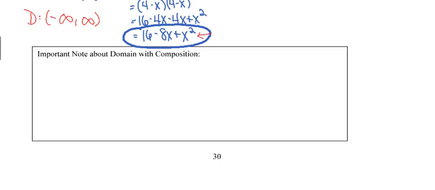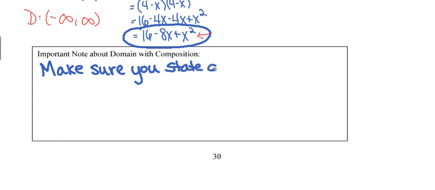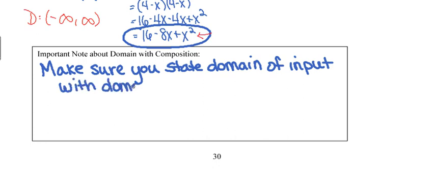I'm going to say that when you're doing domain with composition, make sure that you consider or state the domain of the input function, right along with the domain of the composed function, which is your output.